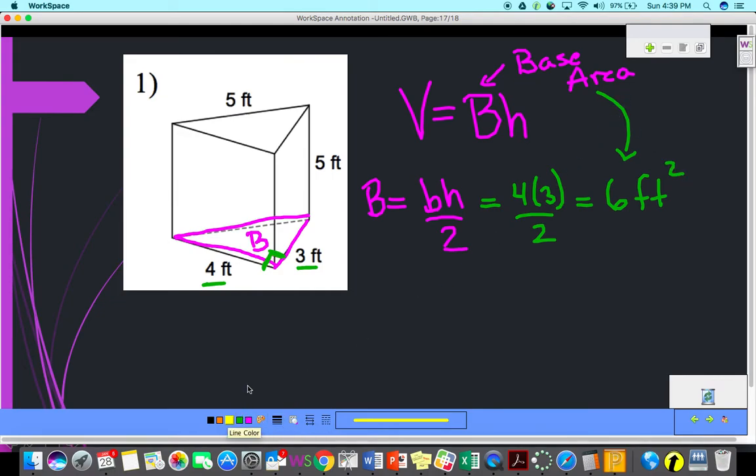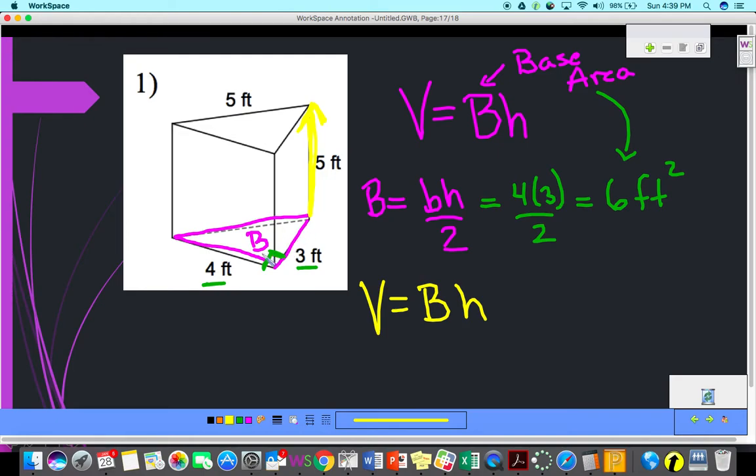Now if I go back to my formula, it says volume equals base area times height. So now I need to ask myself, along which side of this three-dimensional shape would I stretch the triangle or stack the triangle to make it three-dimensional? I'm not going to stack it along the 3 or the 4. I'm going to stack it along this measurement, which is the height then of the shape. The height doesn't always have to mean up in the air.